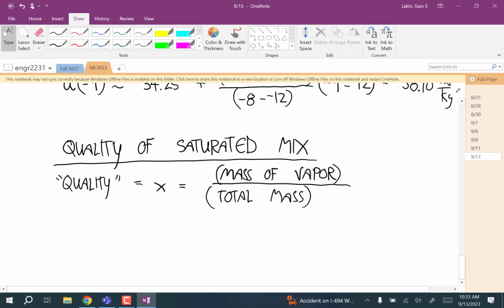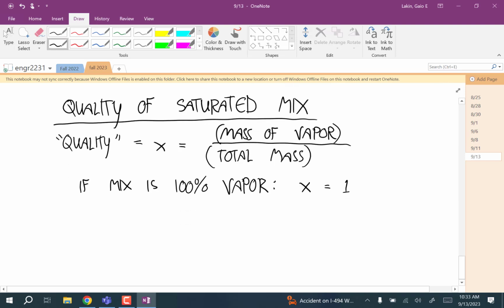Okay, so the way this works is if the mixture is 100% vapor, x is equal to 1. If the mix is 100% liquid, x is 0. And in between those two, you get values between 0 and 1.